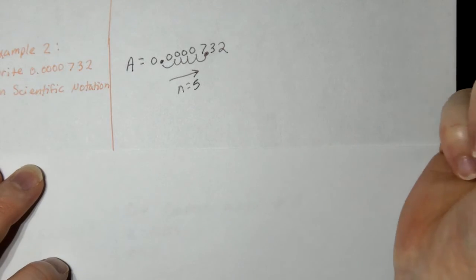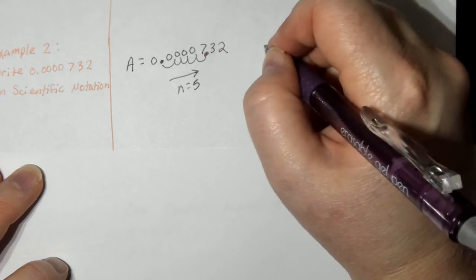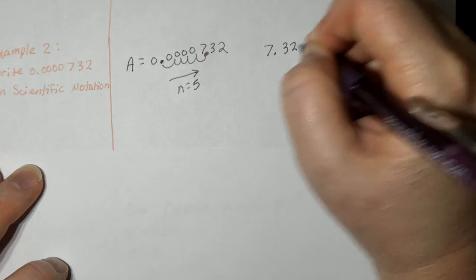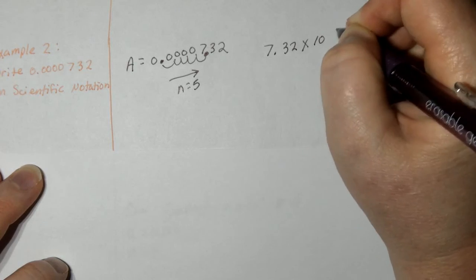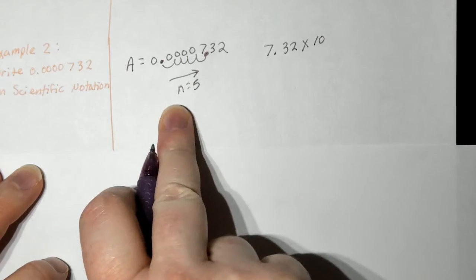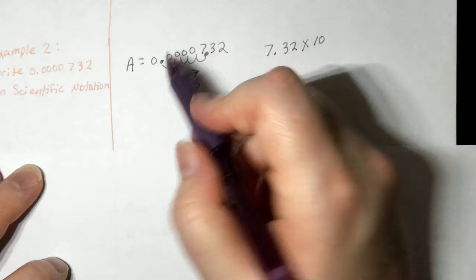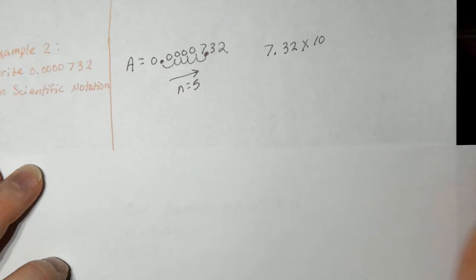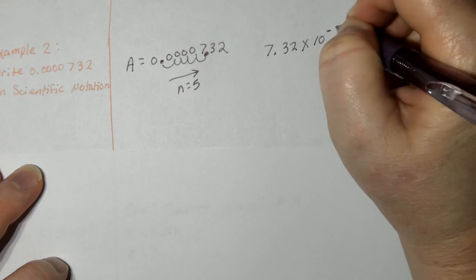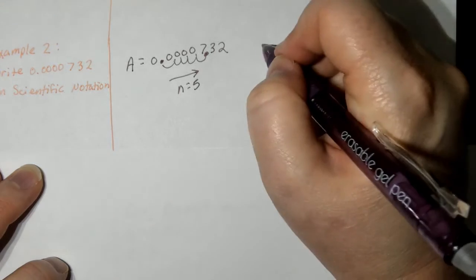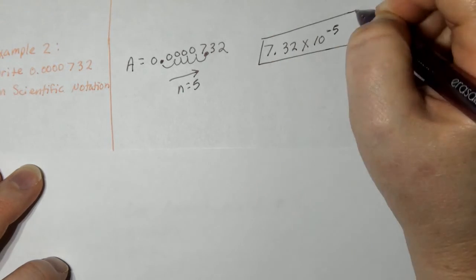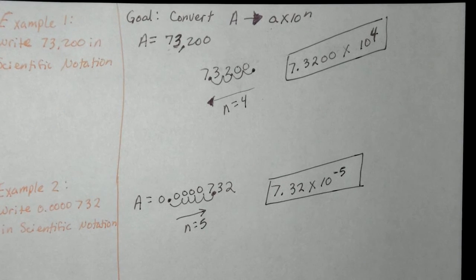So n equals 5. My new number is going to be 7.32 times 10, and I moved it 5, but I moved it this way. My number was small. It was less than 10, so I'm going to do negative 5. And that's my answer. Box it up so that the teacher can see it, and so you can see it if you're going back to it later.